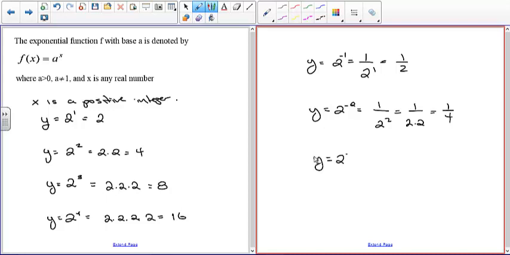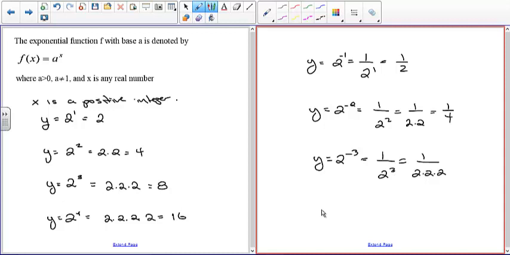If we had 2 to the minus 3 power, that's 1 over 2 cubed, and 2 cubed is 2 times 2 times 2. So when you have a negative exponent, you rewrite it as a fraction where the negative exponent becomes a positive exponent, and then you just use the normal definition.